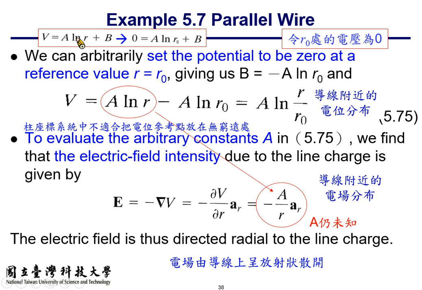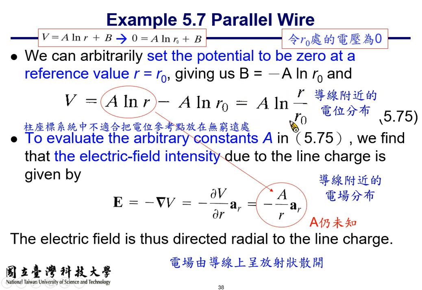Then the voltage at your observation point, which has R, will be A times log of R minus A times log of R sub 0, and you can simplify like this.